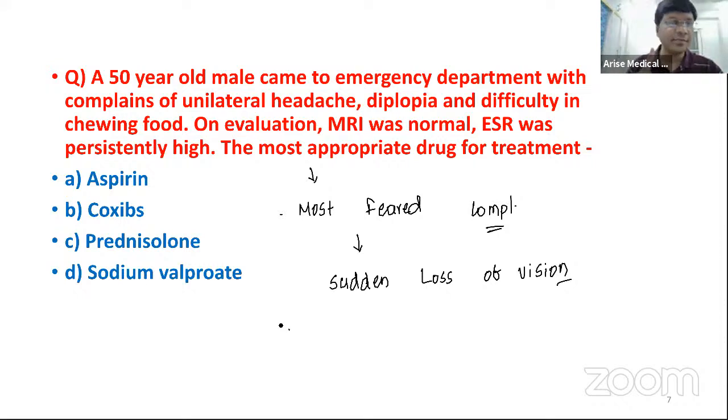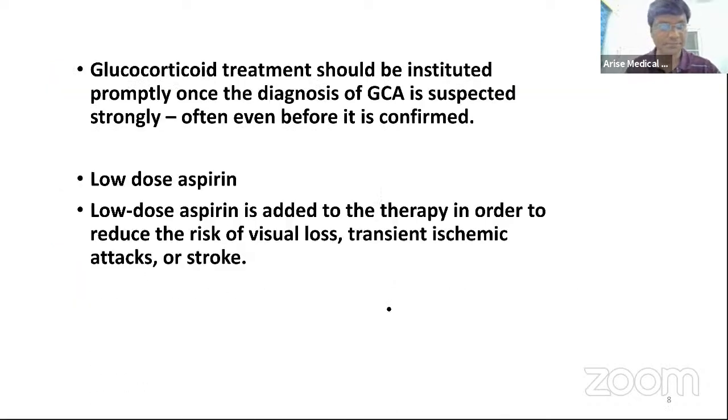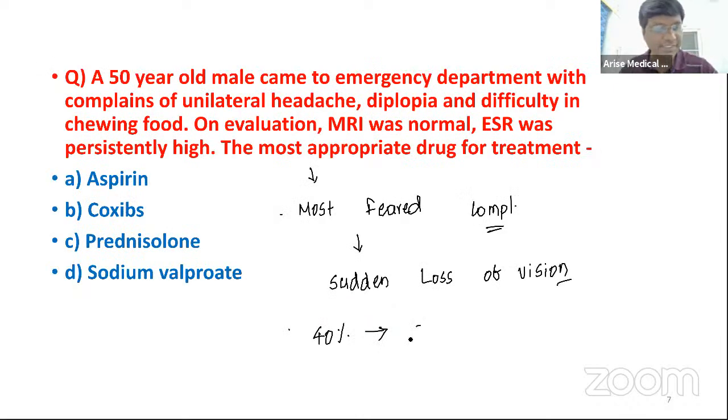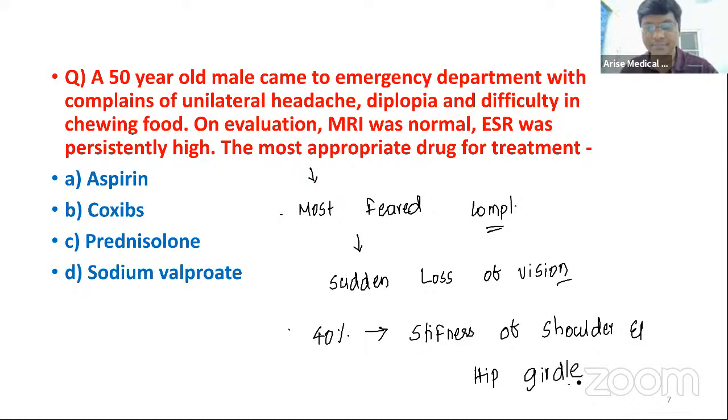Next, the other important point regarding giant cell arteritis that you should know is that in 40% of individuals, they will have stiffness of the shoulder as well as the hip girdle, right?